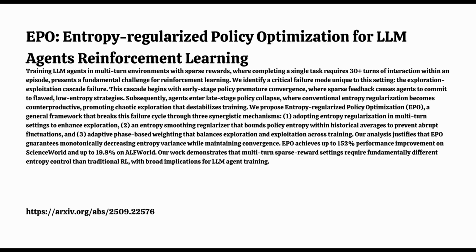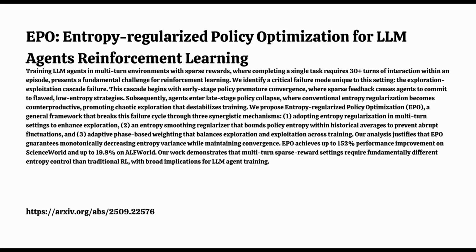Okay, measurement fixed, oscillations dampened. What's the third piece? Something about adapting over time. Right, the adaptive phase-based weighting. This uses a schedule, an exponential one, to adjust the balance between exploration and exploitation across the entire training process. Ah, so it changes how strongly it applies the entropy control as the agent learns.